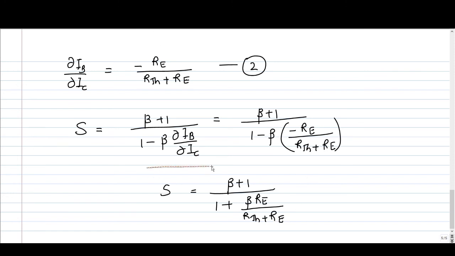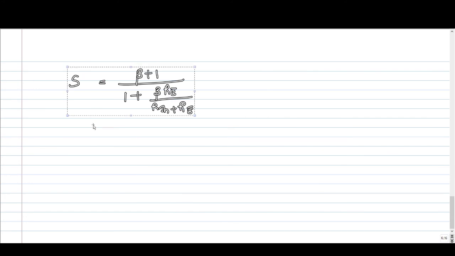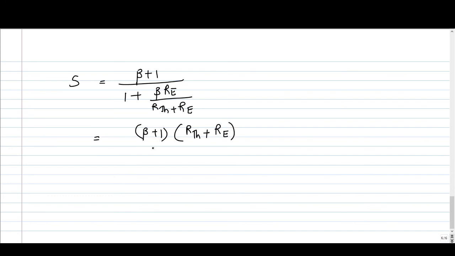So let me copy this. We can rearrange this expression: beta plus 1 into, multiply both numerator and denominator by RTH plus RE.